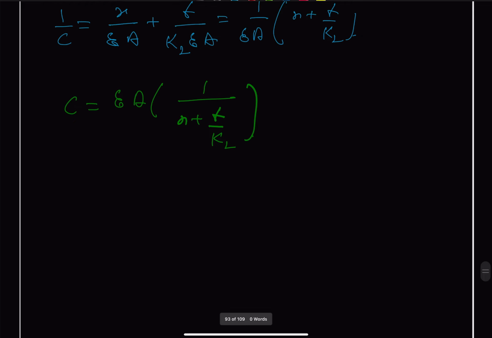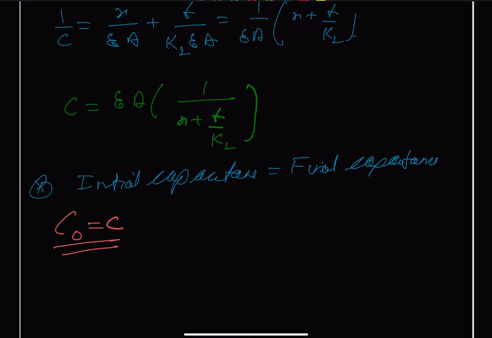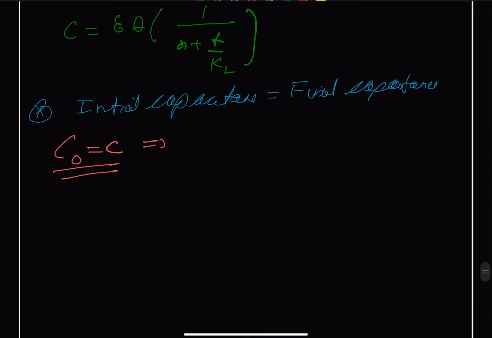Okay, so we can say initial capacitance is equal to final capacitance, which basically means that C naught is equal to C, and our C naught was epsilon naught A upon D. So from here we get epsilon naught A upon D is equal to epsilon naught A, and this comes as 1 upon X plus T upon K2.